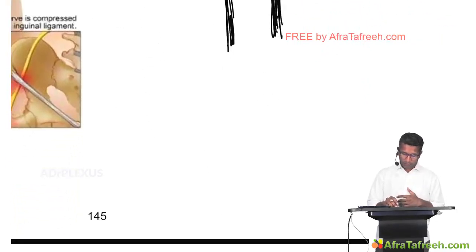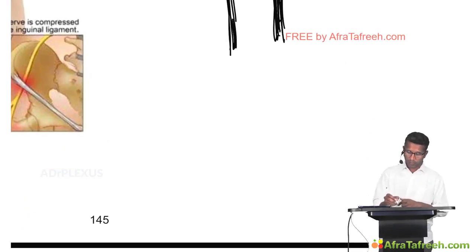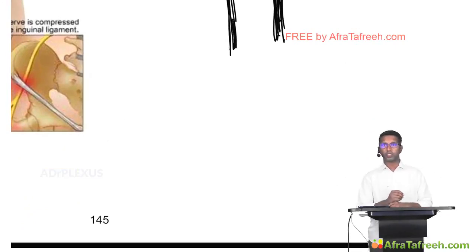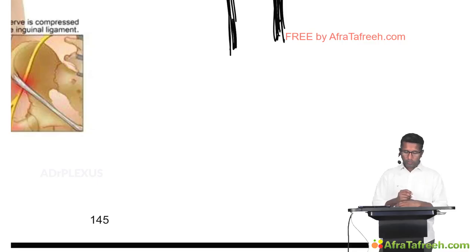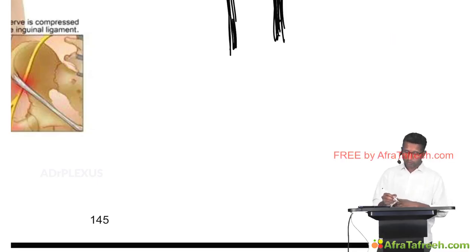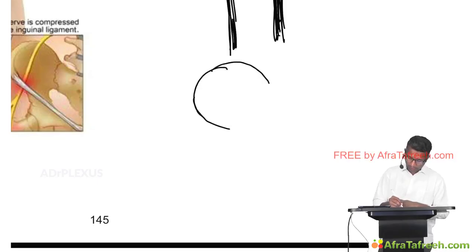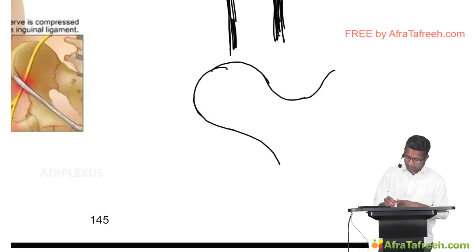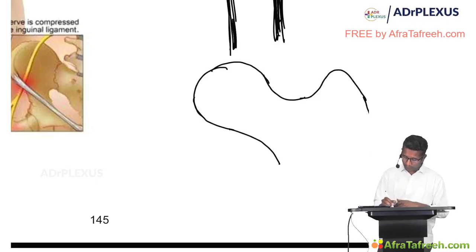When you see the femur from the posterior aspect, I am just drawing the posterior view of the proximal femur. Again you see the head of the femur like this, the neck of the femur, and the greater trochanter.